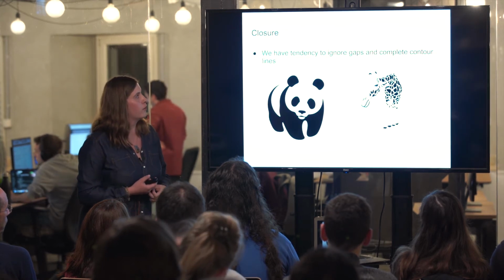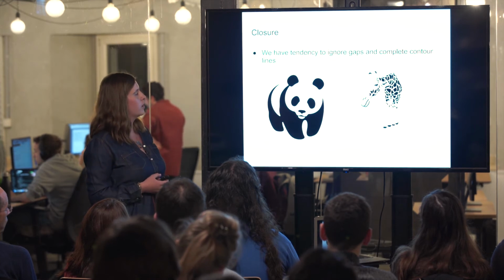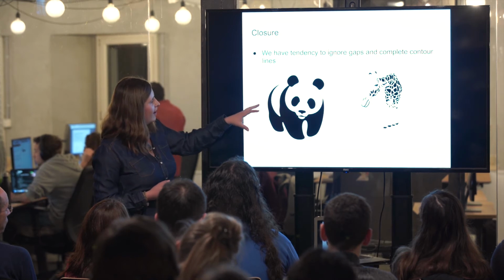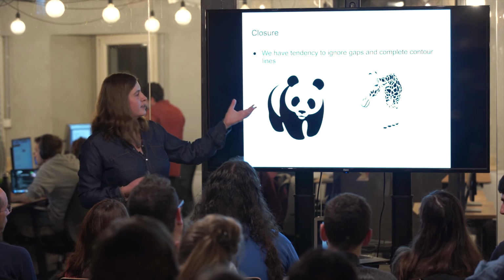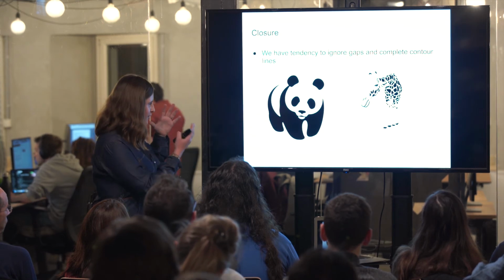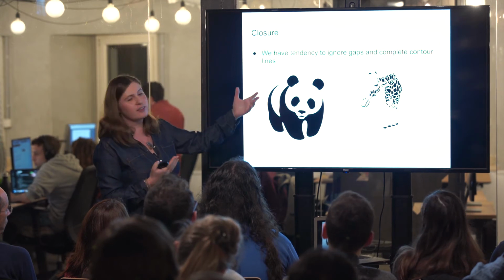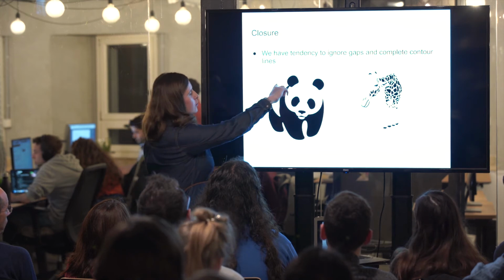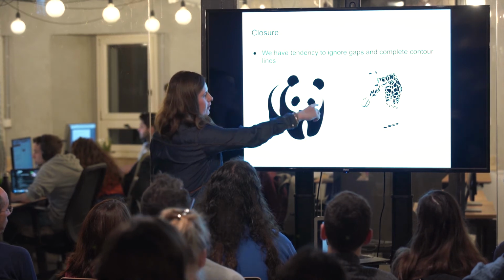And one of the principles, before I go to examples, I think the last that I will show, is closure. So when we look at this, it looks like a panda. But again, if you try to focus your vision, this is not a panda. The principle of closure is that you close it, you feel that there is a body here, and this is the head.